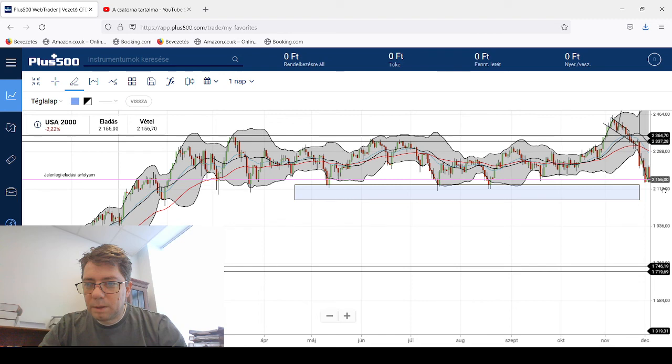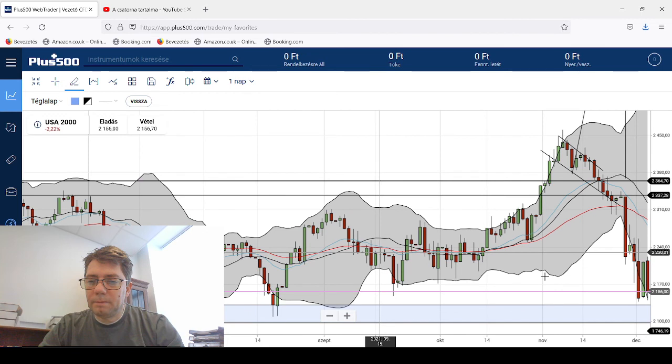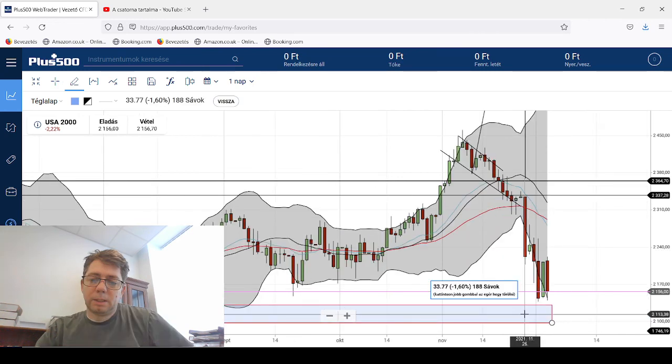Yeah, the wicks are inside. Good. So here we go, and as you can see, we are above this area. We may get down to this area, but that's very low for Russell, and anytime we can expect a bullish turnaround. Once we break down and the body candle closes below this area, that's terrible.